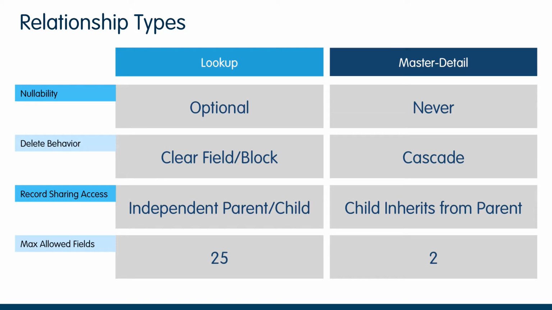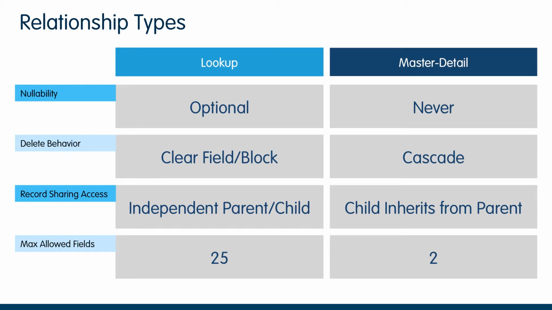Record sharing is a little out of scope for our discussion today. It's a way of controlling the access control behavior as to who sees which records. In master detail, if you can see the parent, generally speaking, you can see all of the children that are related to it.